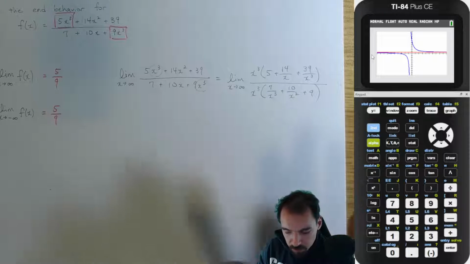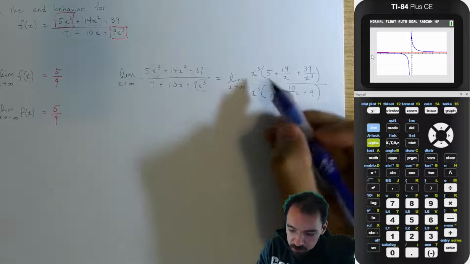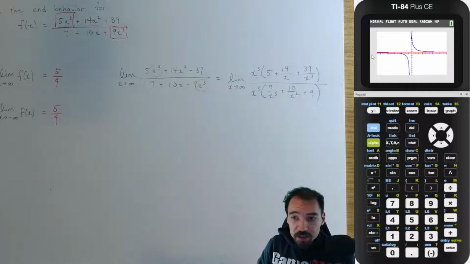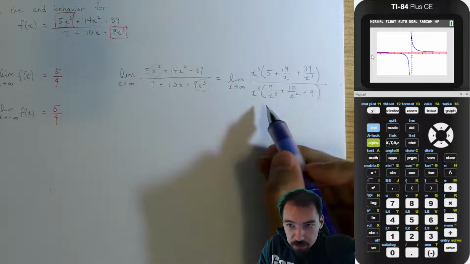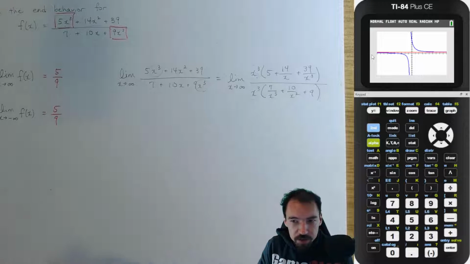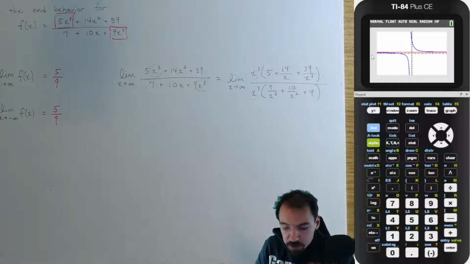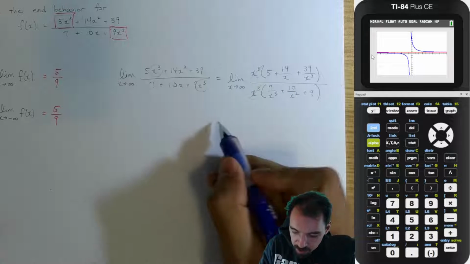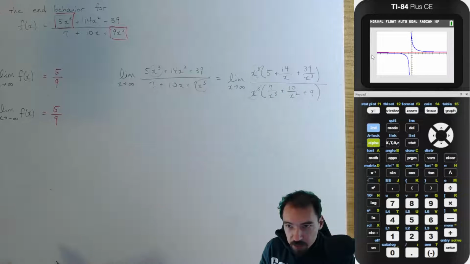So far, so good. Then I'm going to make the argument that this x and this x are the same number. Like x can be any number. I'm just considering larger and larger numbers for x, but x is still a number. So x cubed on the top and the bottom, I can cancel these, and I will simply have this remaining.